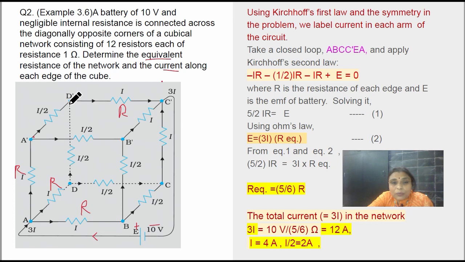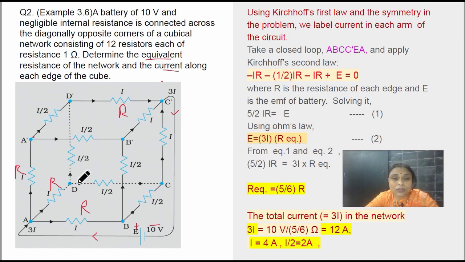Now from this point, I by 2 and I by 2 combine and give you I. Here I by 2 and I by 2 combine, and CC' is I. So we have three I's coming, and the collective 3I is coming out and going to the negative terminal. So we have a symmetrical cube resistance.